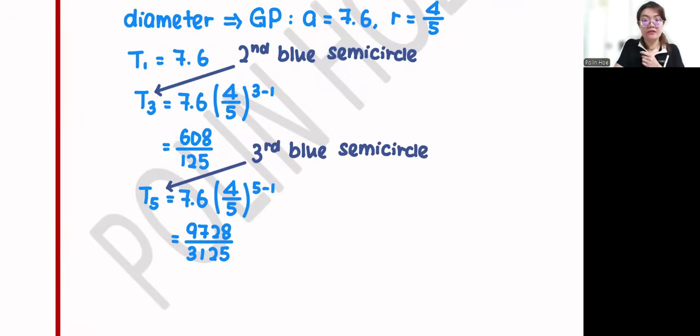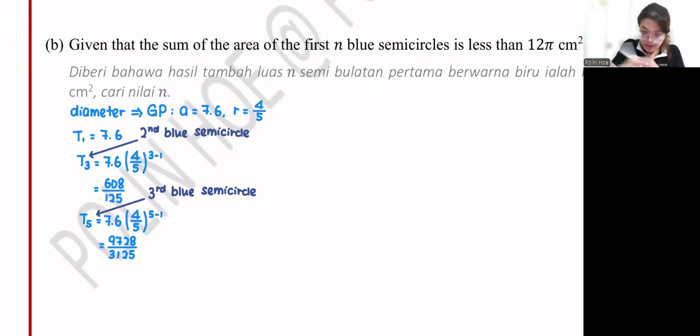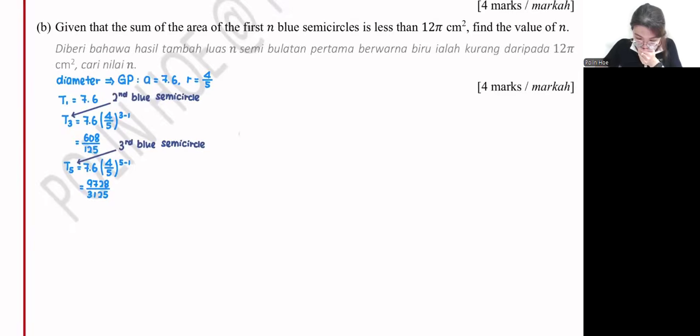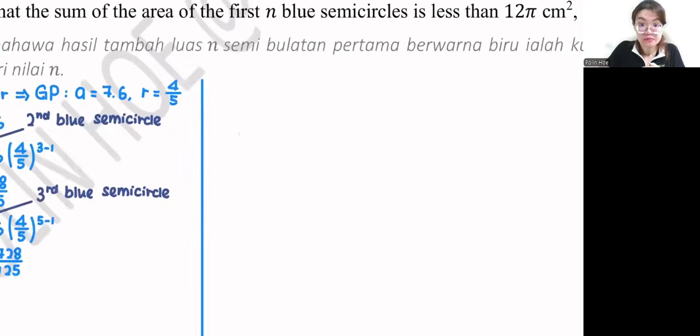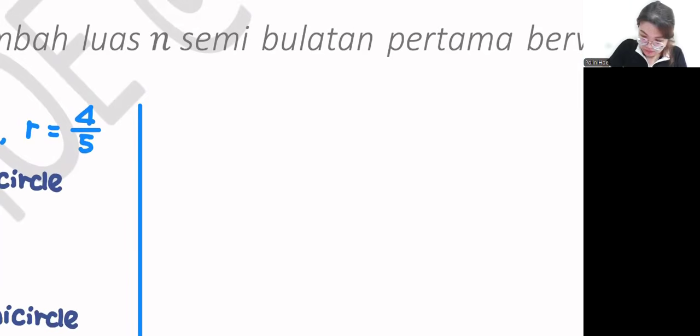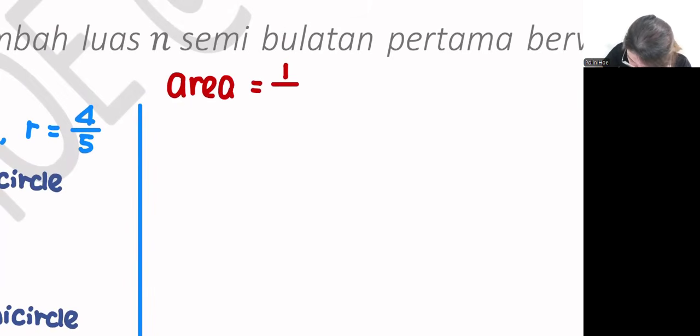After I got the diameter, I need to find the area. To find the area, I need to redo everything. Half r squared theta.